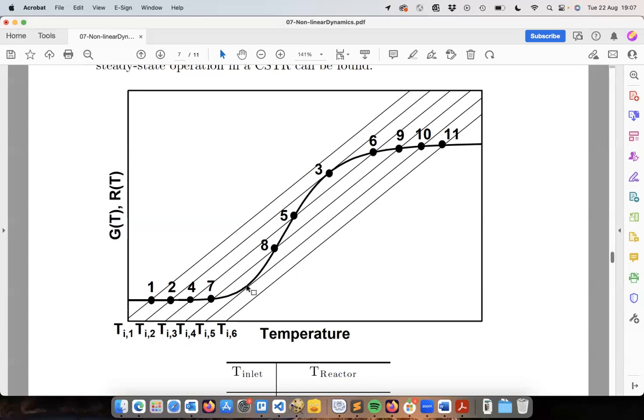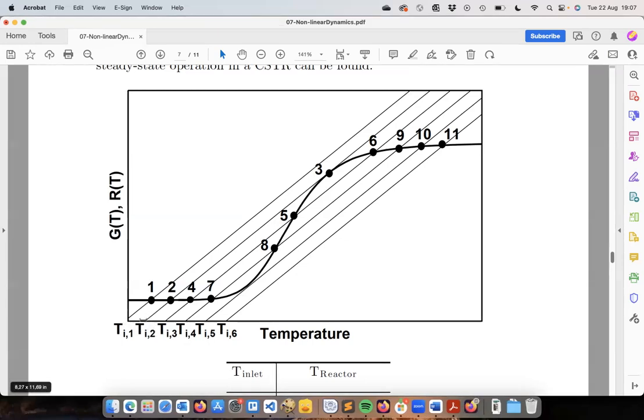And by the same token, there is another bifurcation at point 3, which is associated with inlet temperature 2. We can see just to the left of temperature TI2, we only have 1 steady state available. So if we start down here, R is less than G, so the system is going to push up.